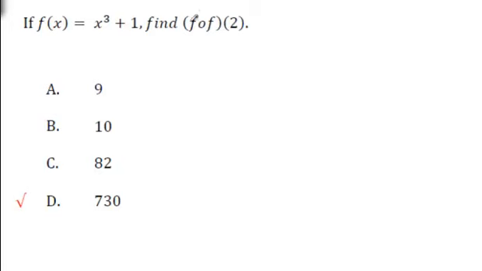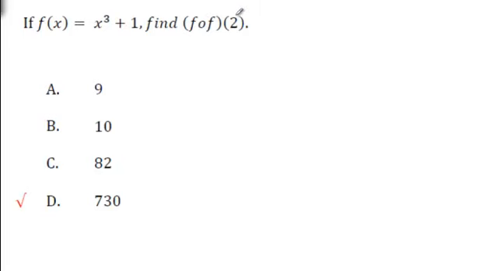Like if they ask you f round f of 2, find f of 2 first, and then do f of the answer you get. Or you can find f round f generally, as we saw in the previous exercise, and then replace 2 in the other function, which is more complicated. Easier, start by the number first.